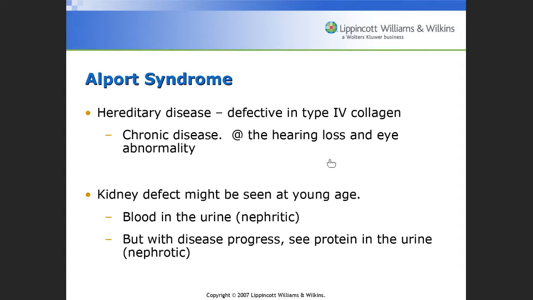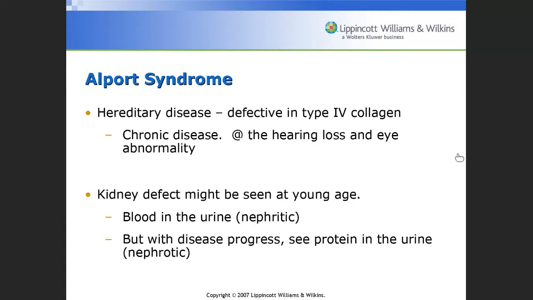The thing is, where do you put this? Is this part of the nephritic or the nephrotic syndrome? It turns out that at a young age, it might start out as nephritic, but progressively, as the patient gets older, you can get nephrotic. So it's no longer just black and white.